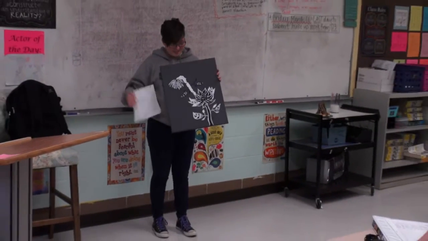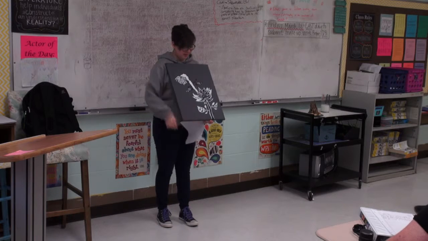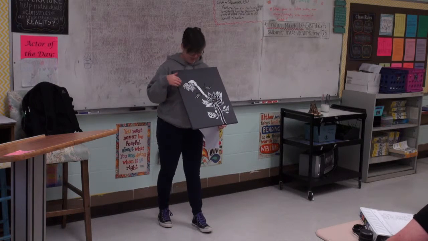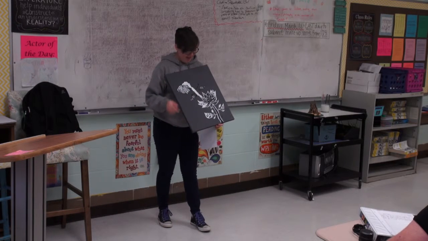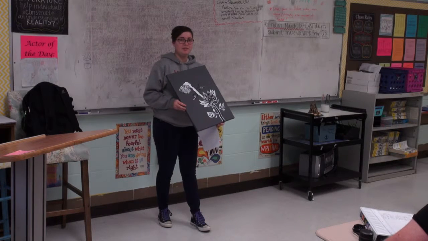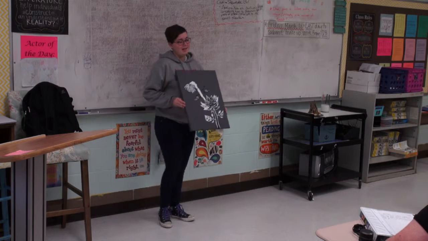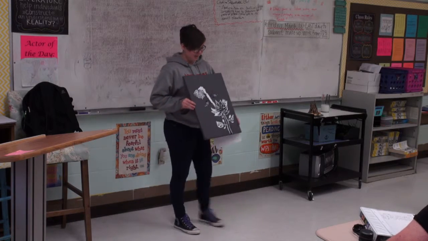Go ahead. Okay, so I did a painting of two flowers. This one represents Pangloss, and this one is Martin. One is dead and one is alive for reasons. Pangloss's is outlined in white because on the outside he seems very happy and encouraging. And Martin's is black because he's sad and pessimistic.